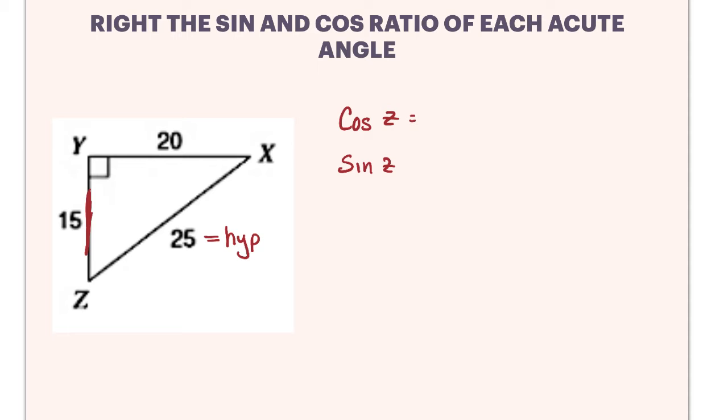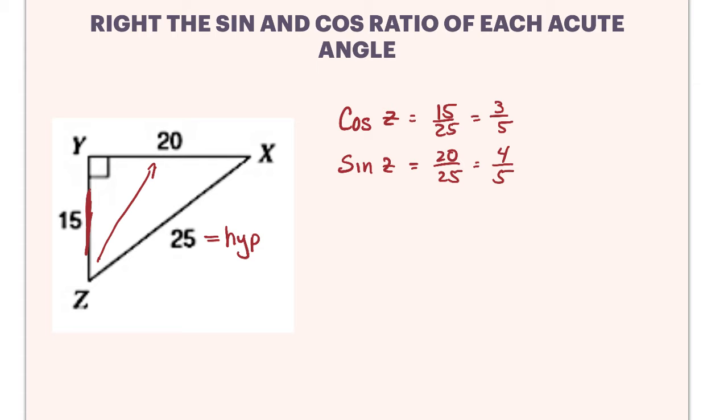So adjacent over hypotenuse, 15 over 25, we can reduce that to 3/5. Sine of Z, we want opposite, this is SOH, over hypotenuse, so 20 over 25. And we'll reduce by 5 to get 4/5.